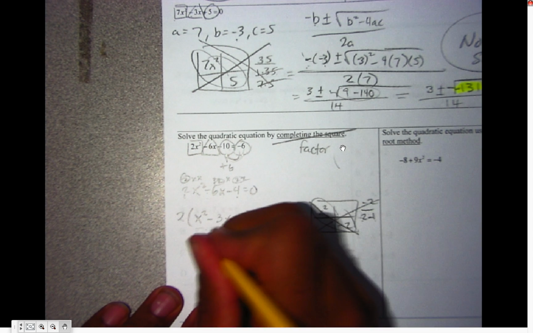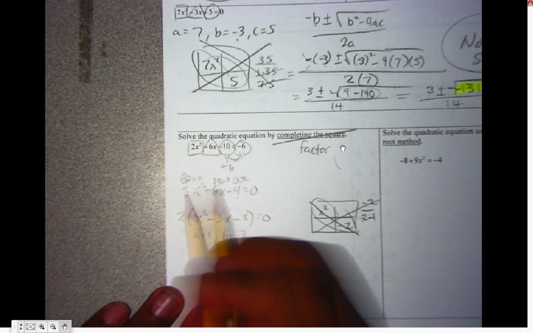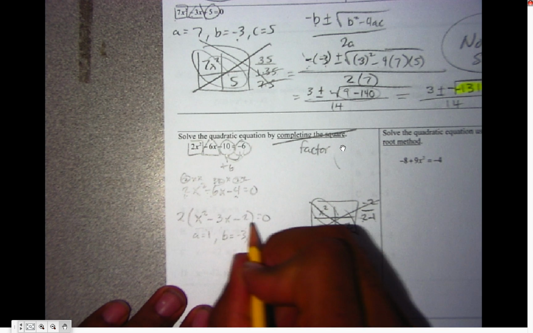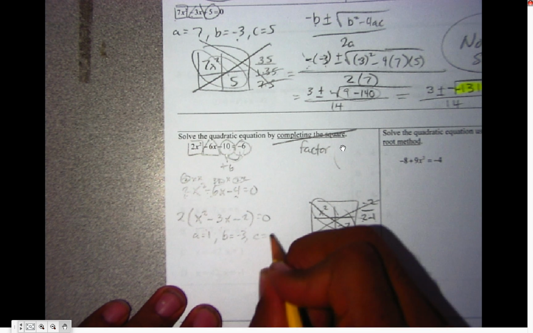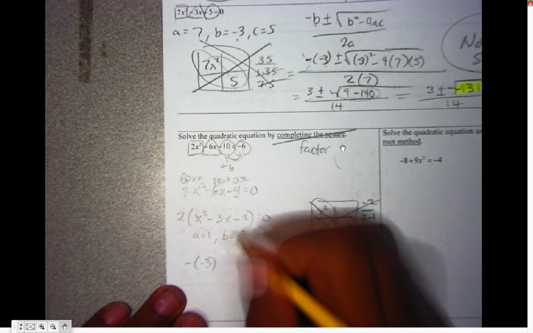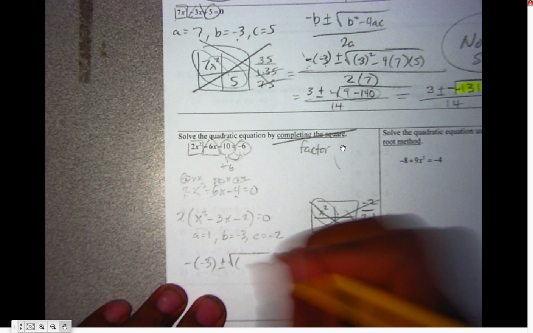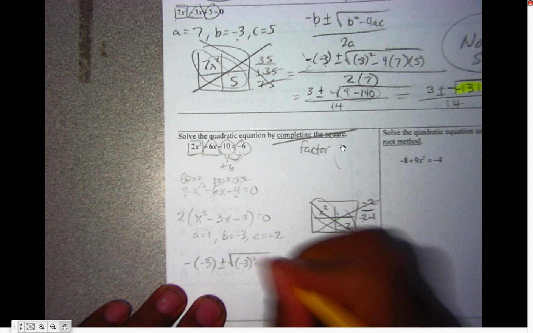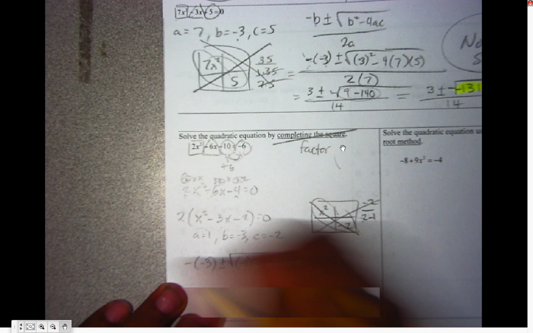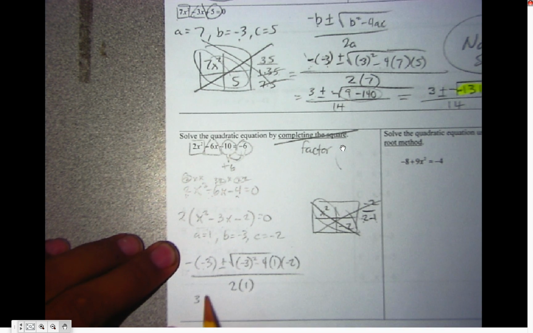So A is 1, B is minus 3, and I could do A is 2, B is minus 6, and C is minus 4. Or after I take the GCF, I can still use the same numbers inside the parentheses. Okay, so now minus minus 3 plus or minus the square root of minus 3 squared, minus 4 times your A times your C, over 2 times your A. Okay, so now negative, negative, positive.